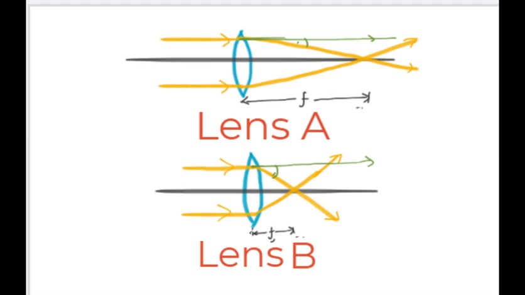So I can say that the power of lens can be defined by the angle by which it converges the light. Your convex lens converges the light. As you can see, there is more convergence in case of lens B as compared to lens A. Can you see?